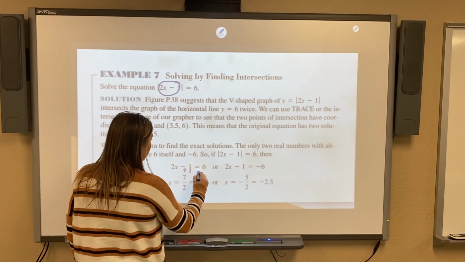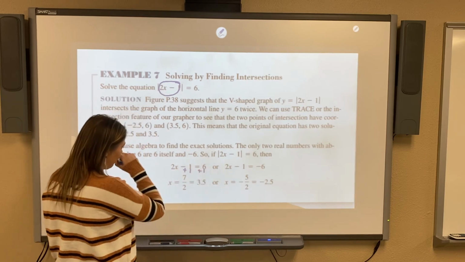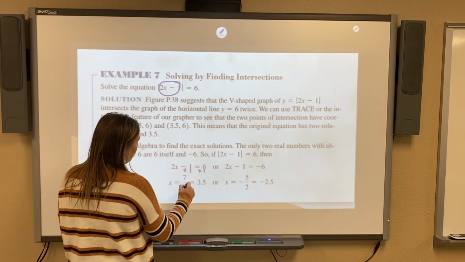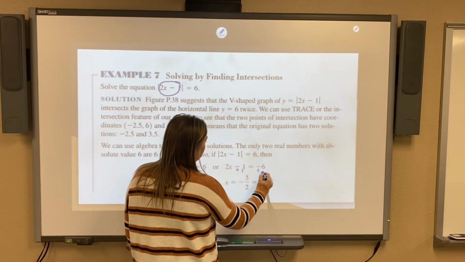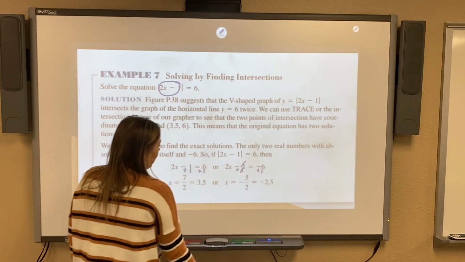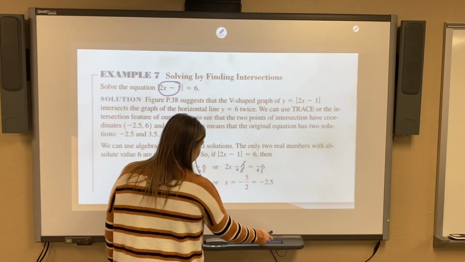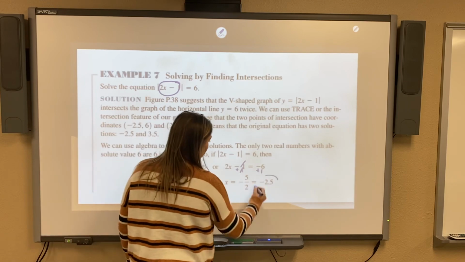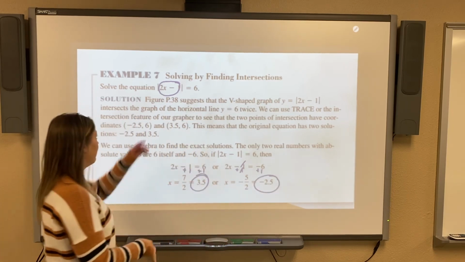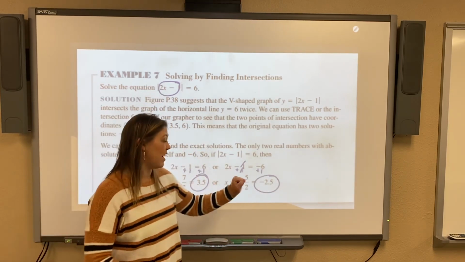Add 1, so 6 plus 1 is 7, and then divide by 2, we get 7 over 2, or 3.5. Or here we add 1, negative 6 plus 1 is negative 5, divided by 2 is negative 5 over 2. And so your two solutions, or your intersections between y equals 6 and that absolute value graph, would be at 3.5 and negative 2.5.